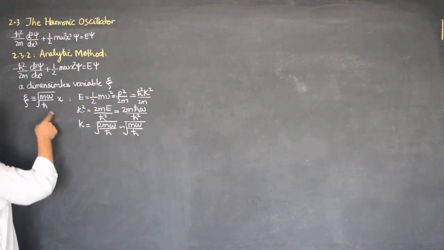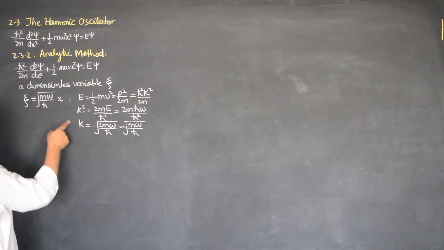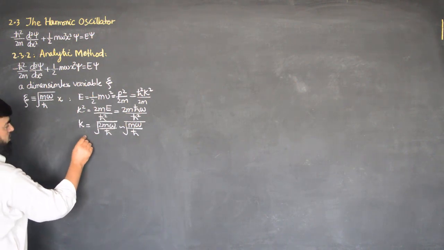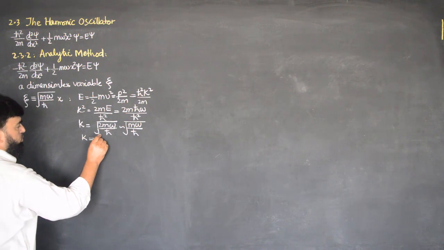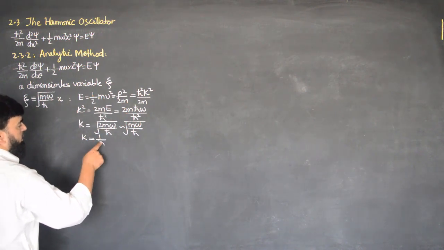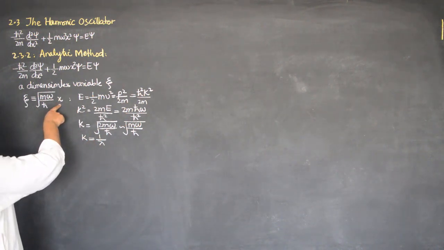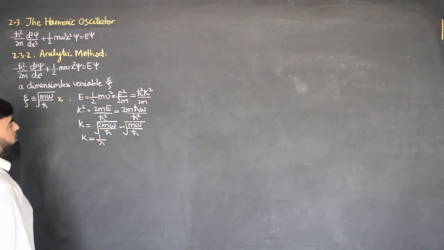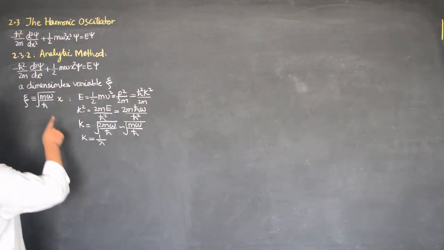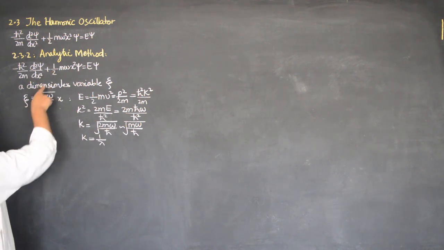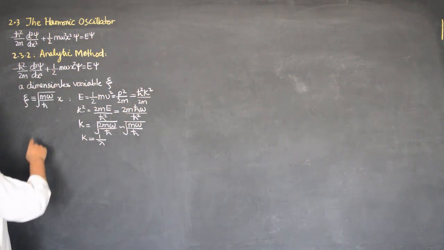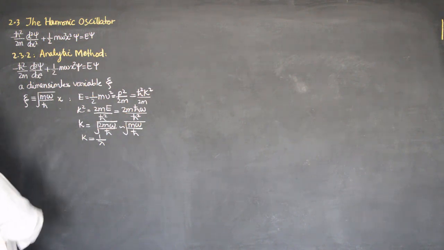So k into x: k is 1 over length, meaning k is equal to 1 over lambda. So 1 over length into length will give us a dimensionless quantity. We will utilize this dimensionless quantity in order to convert x into xi.